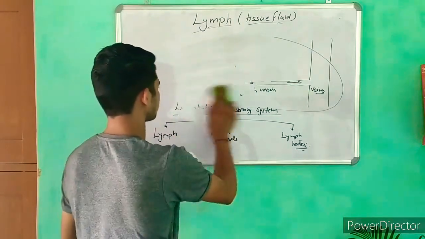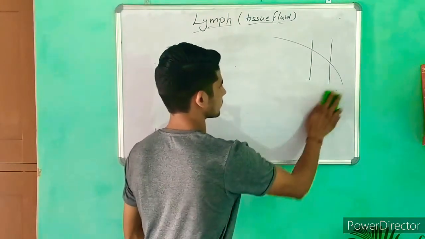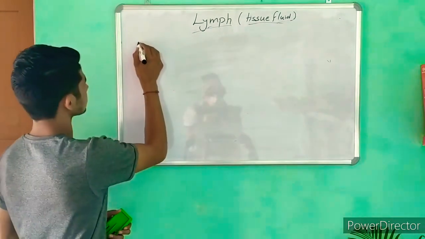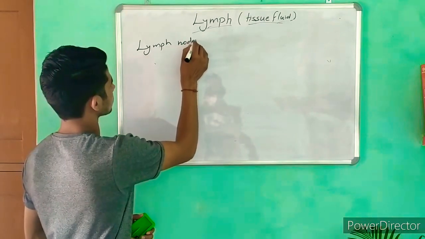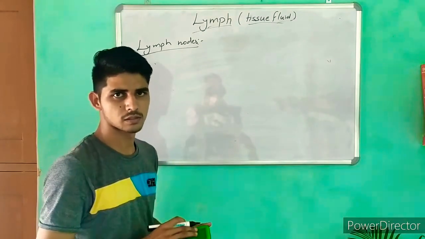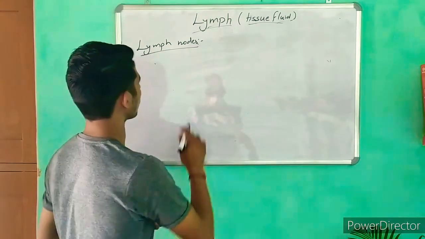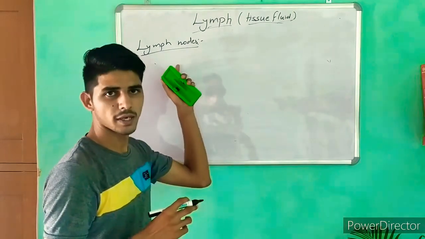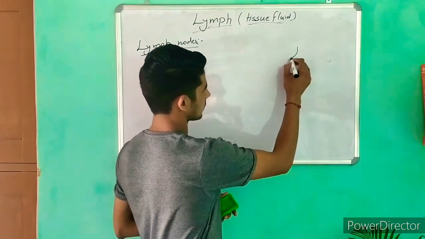So lymph node. At some places, lymph vessels combine and make a structure called a lymph node. These are nodes at many points of the body, like this.